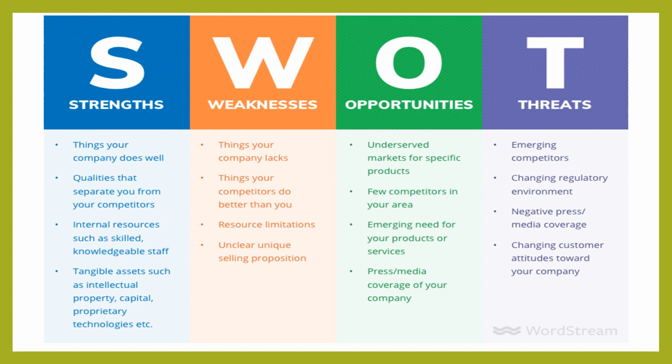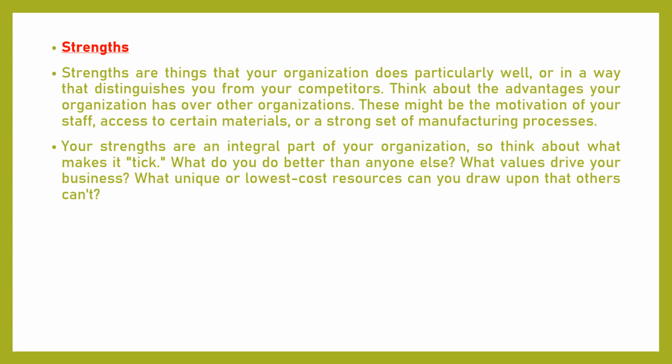Opportunities: underserved markets for specific products, few competitors in your area, emerging need for your product or services, press and media coverage of your company. Threats: emerging competitors, changing regulatory environment, negative press and media coverage, changing customer attitudes towards your company.